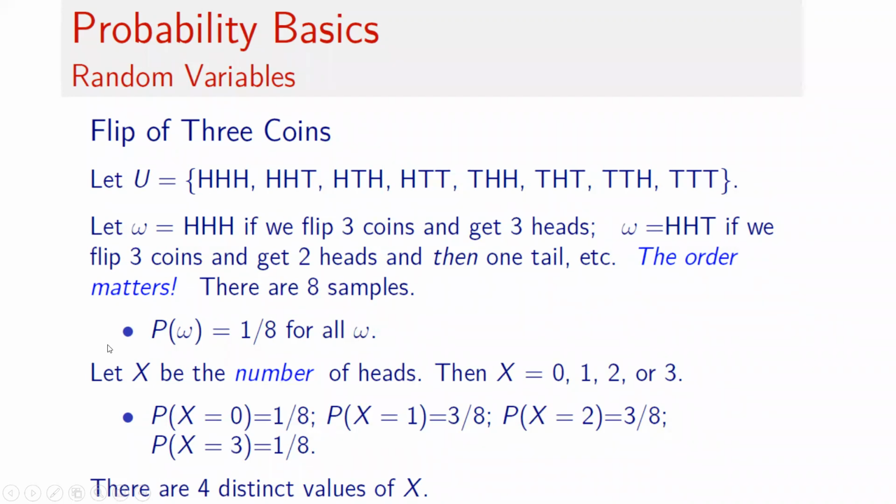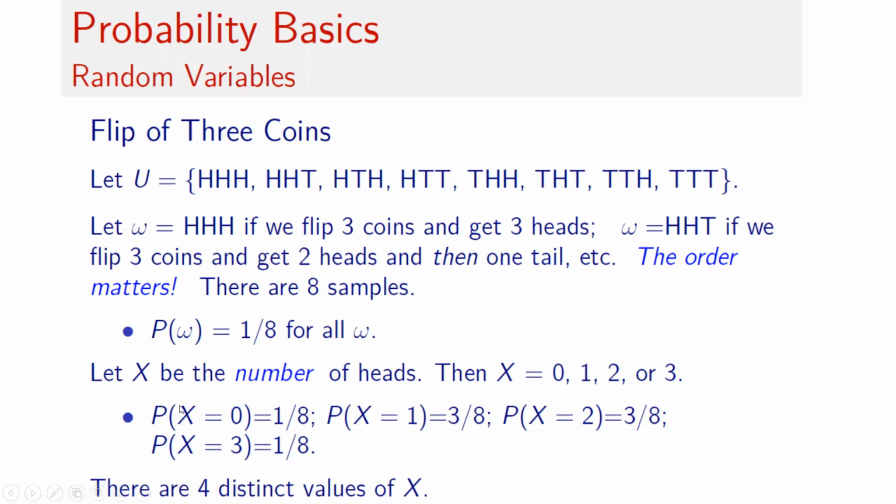If we say that capital X is the number of heads, then capital X is equal to 0, 1, 2, or 3. Not 4, not 5, not 6, not 7. Why? Because we have only 3 coins. If X is the number of heads, we can have 0 heads, or 1, or 2, or 3, no more.